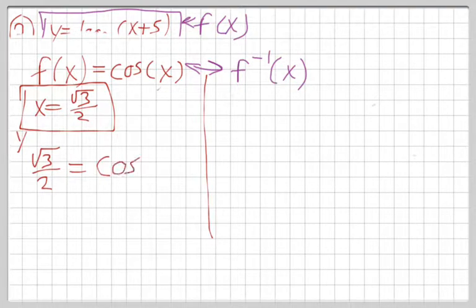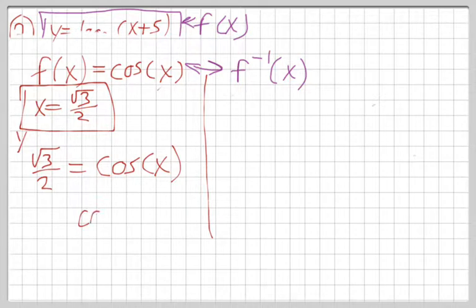The cosine of x, and this is all in the original, right? If you think about your finger trick, when does cosine give you the square root of 3 over 2? Hopefully you'll say that happens at pi over 6.